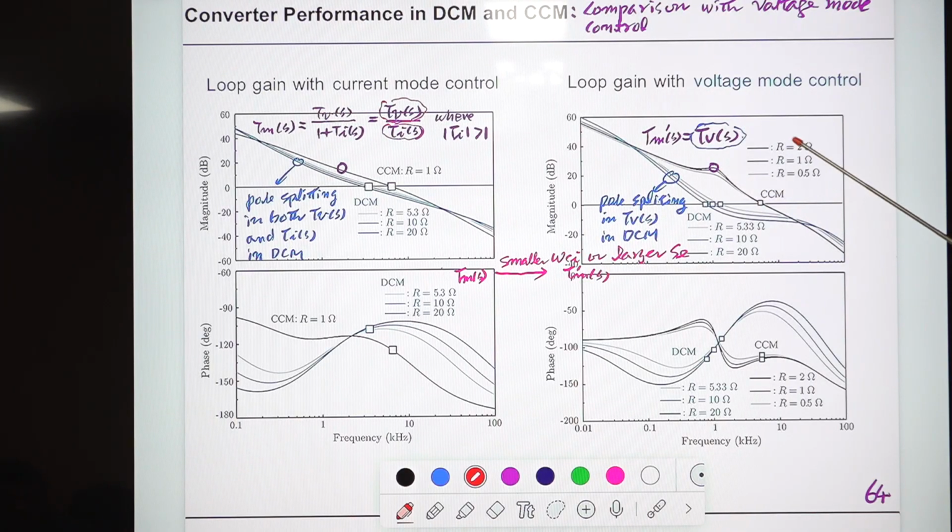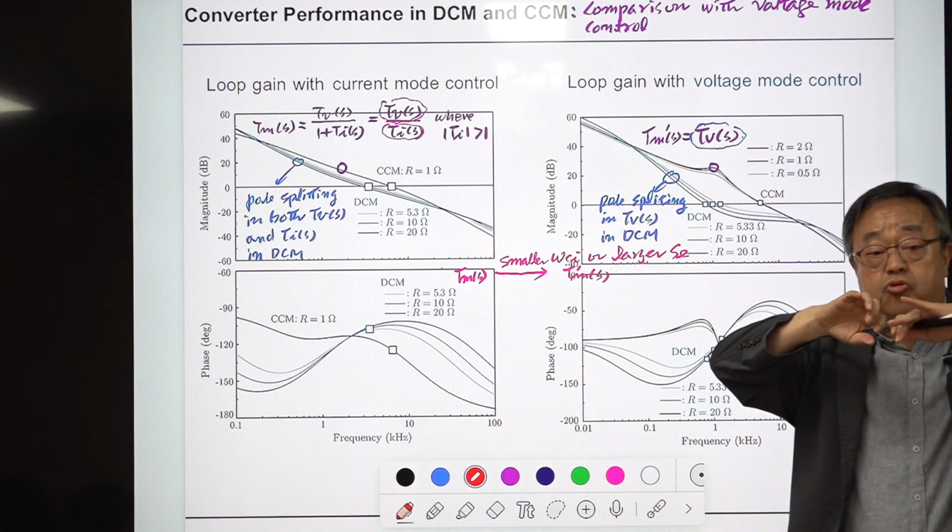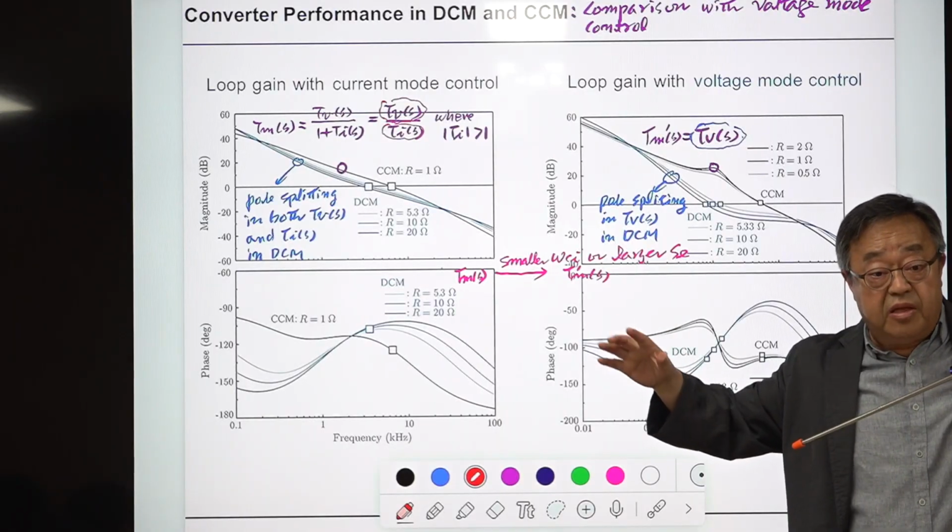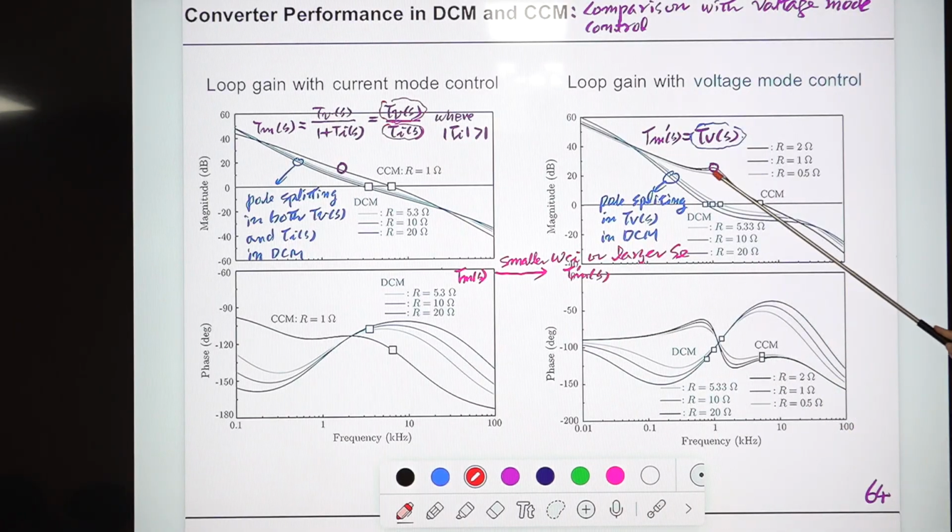But if the load resistance increases, the converter goes into DCM, and the double pole splits into two real poles, and then the midband gain is reduced like this. So pole splitting occurred here. It contains the duty ratio to output transfer function, and in CCM there is one double pole. But in DCM, the double pole is split into two real poles, the midband gain is reduced, and that impact is transferred directly to the loop gain.